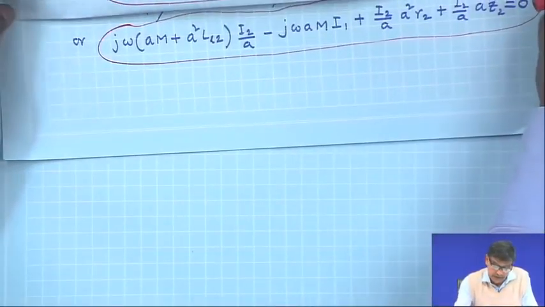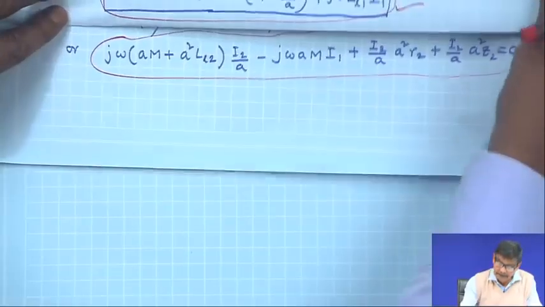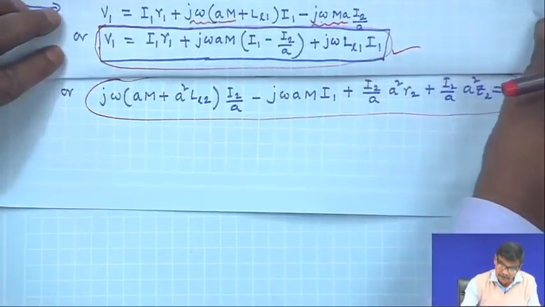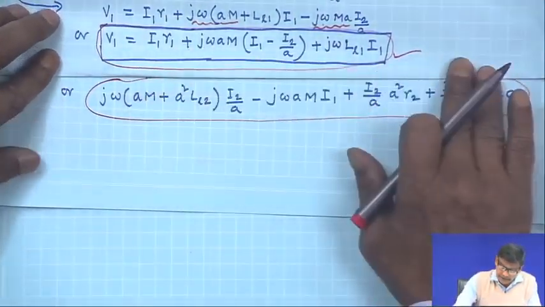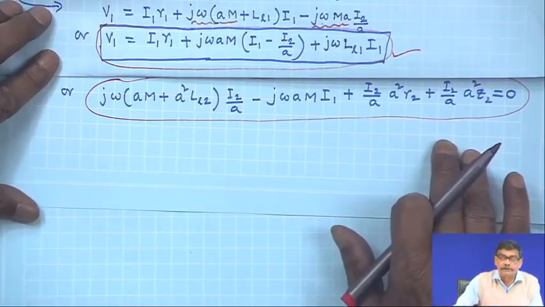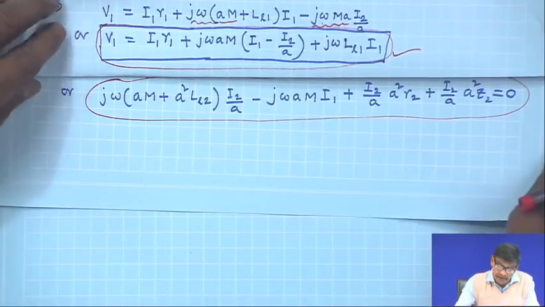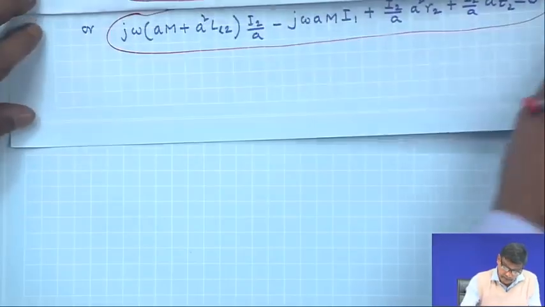This is the primary side equation, and this is the secondary side equation. Let us see how it helps us to write down the circuit.